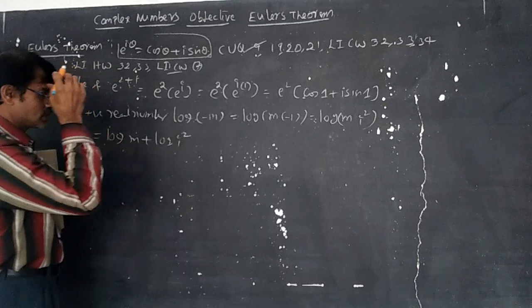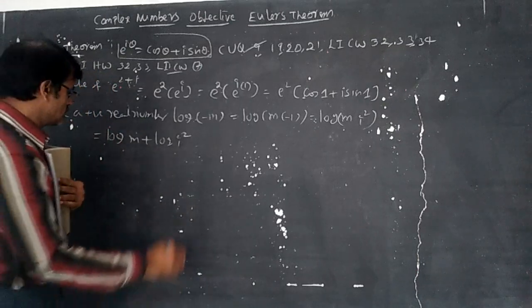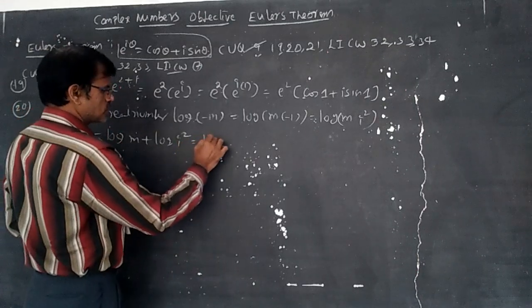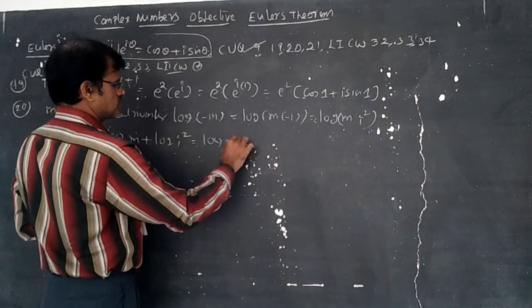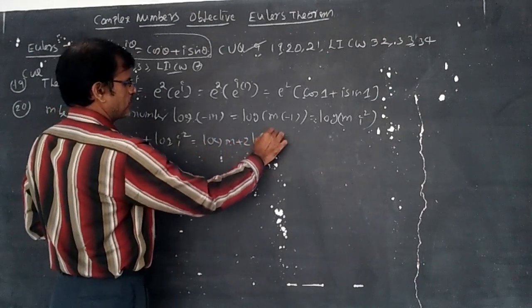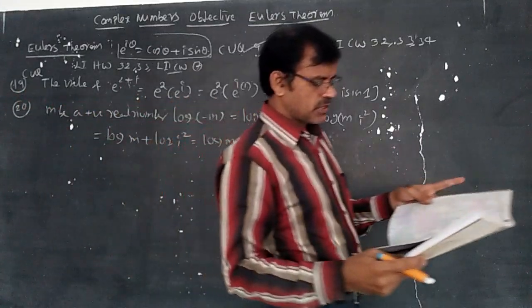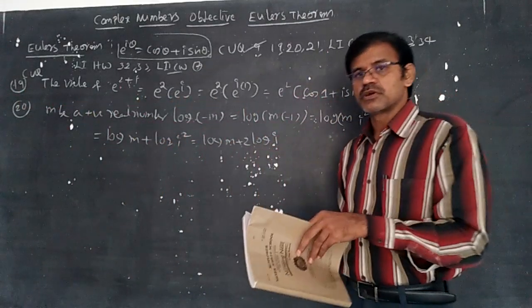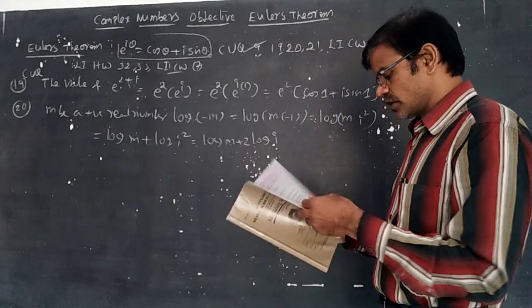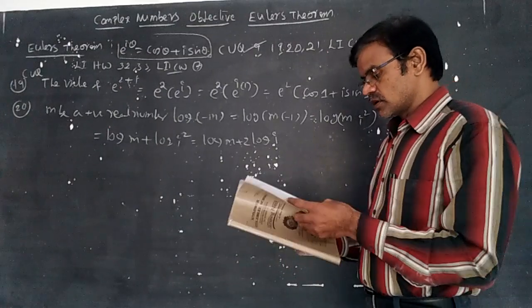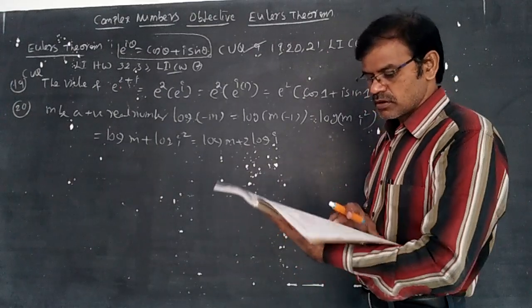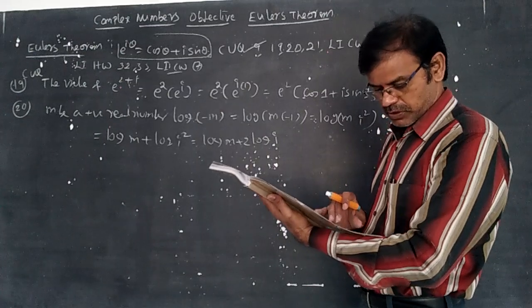Because logarithm is not defined for negative numbers, that is why we should write like this. So log m plus 2 log i. Yesterday I said that log i value is i pi by 2 according to Euler's theorem. That one is in the examples also. Log i is equal to i pi by 2.